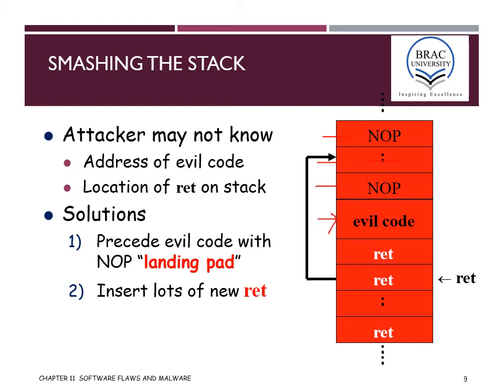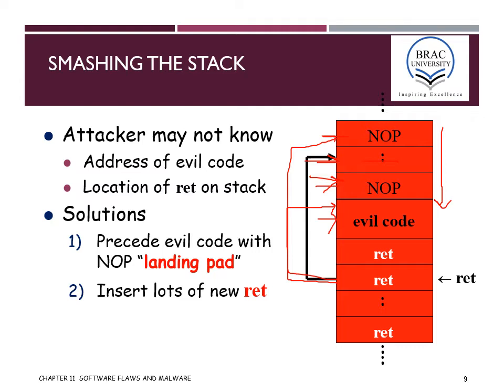So the thing is, it was supposed to go to this evil code, but it is not always possible to return exactly into this code. I mean, you don't know the address, so whatever you do, it can return in there, it can return in here. So wherever it goes, it continues executing this, so ultimately it will execute this evil code here.